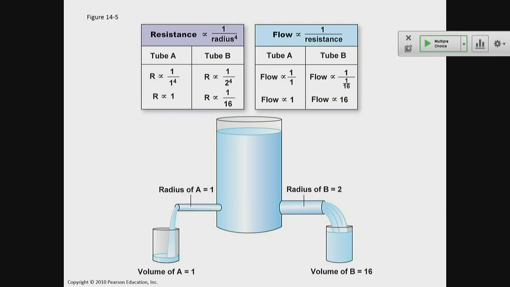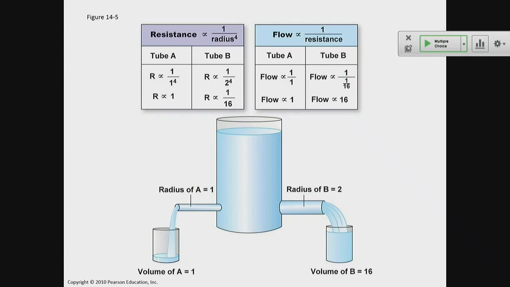This term, eta, is the viscosity. And blood is actually pretty thick, it's pretty viscous, okay? But the viscosity of the blood also, on average, does not change. So it remains equally thick. So we can also consider that a constant.